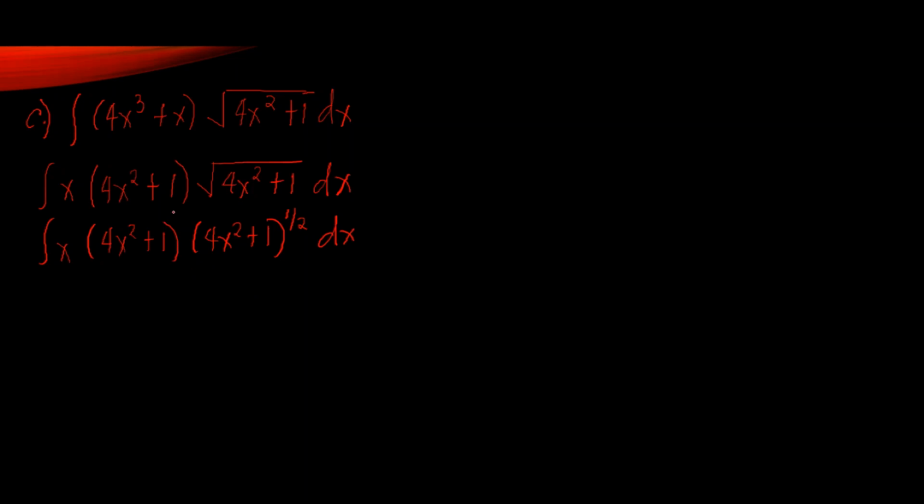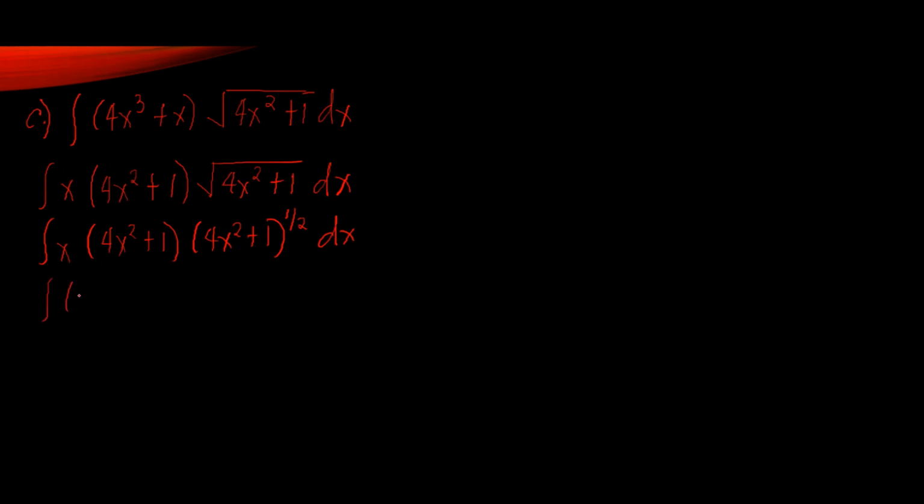Okay? So, dito meron tayong invisible na 1 na exponent. So, sa laws of exponent, when you have the same base, you just need to add yung mga exponents ninyo. Since pareho naman tayo ng base dito, we can add 1 plus 1 half and that is equal to 3 over 2.